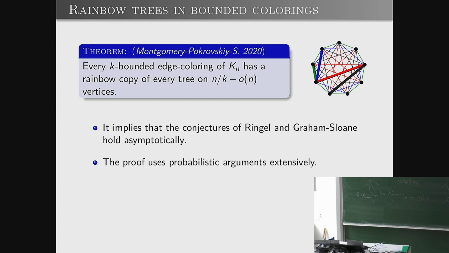It uses extensively probabilistic arguments. And as I said, another thing I want to mention, this error term is necessary for such a general result, so there are examples where we cannot avoid it. It's not Ringel's conjecture, it's not Graham–Sloane's conjecture, but there are examples where this little o of n is needed, okay?